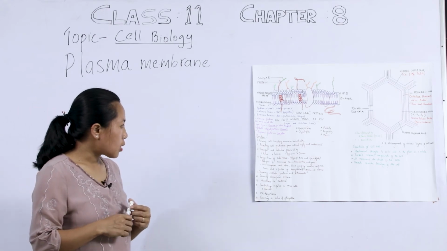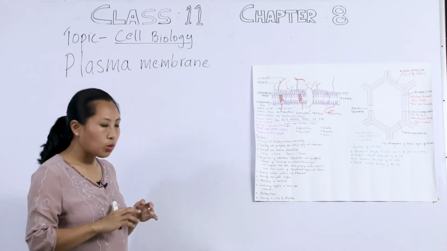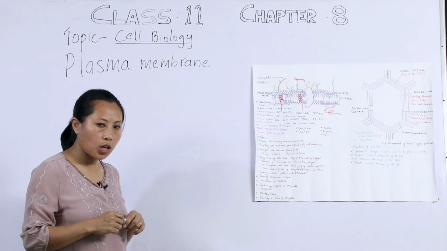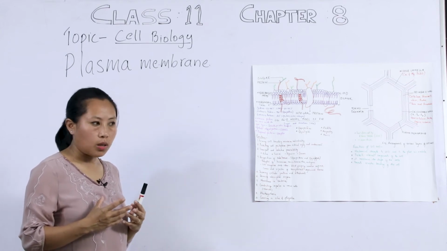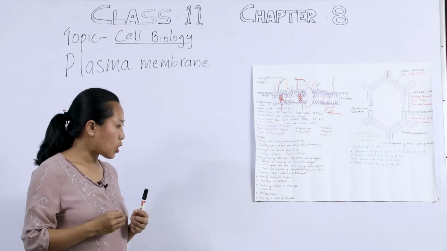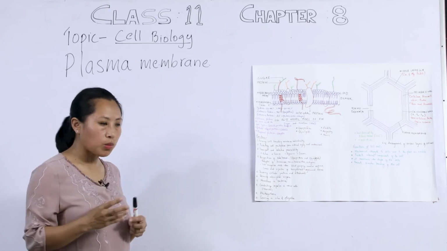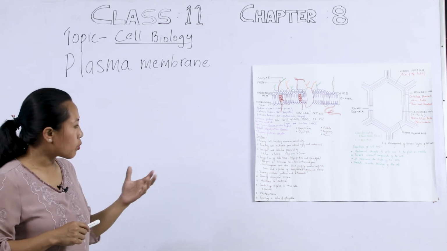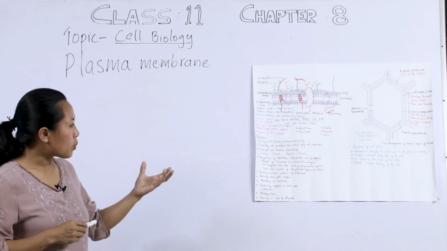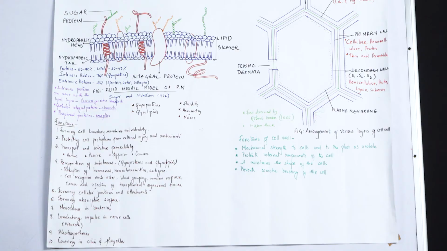Then the plasma membrane also forms the outer covering of cilia and flagella. Cilia and flagella are thread-like or finger-like structures which help in movement. So these are some of the important functions of the plasma membrane, which, as I've said, consists of a lipid bilayer with proteins interspersed in between.